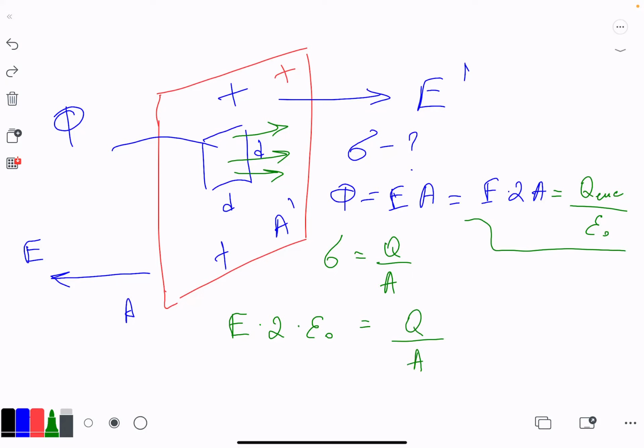And Q over A gives you sigma. So sigma will be equal to E times 2 times epsilon naught.